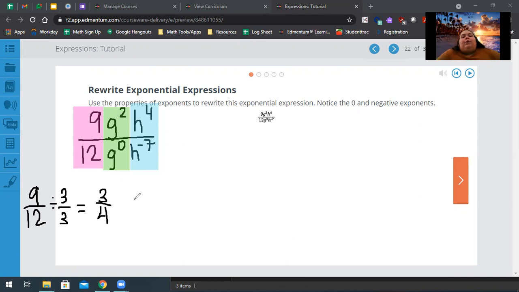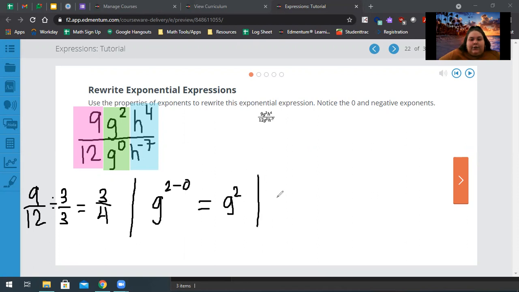What about my g section? Remember, the rule is when you're dividing and you have the same base, you do the top exponent minus the bottom. So if I take care of my g's here, the top exponent is 2 minus the bottom one, which is 0. So 2 minus 0 is still 2. So this is g to the 2 power. Now, again, they're like separate sections.